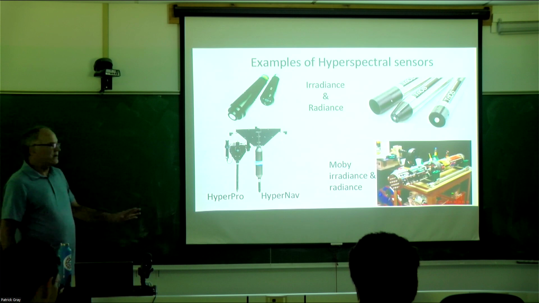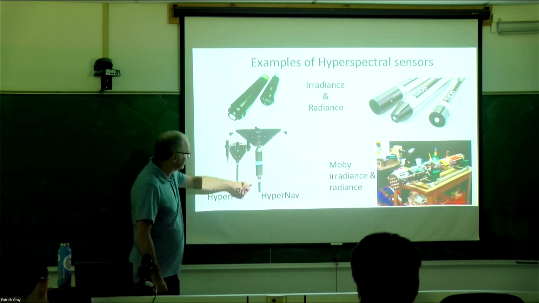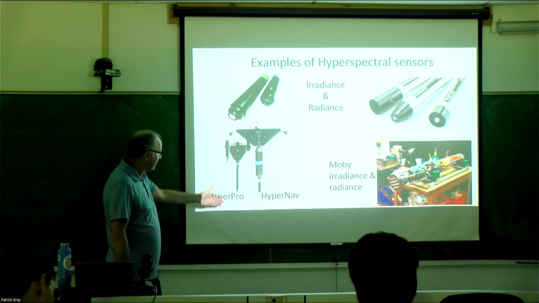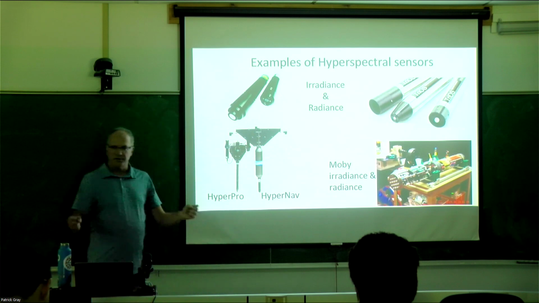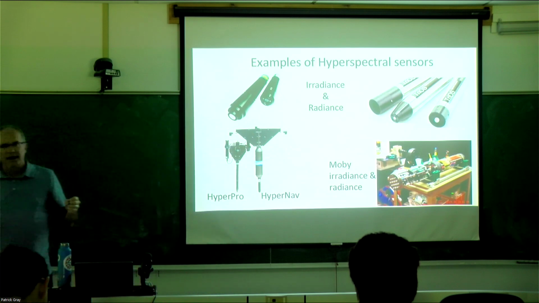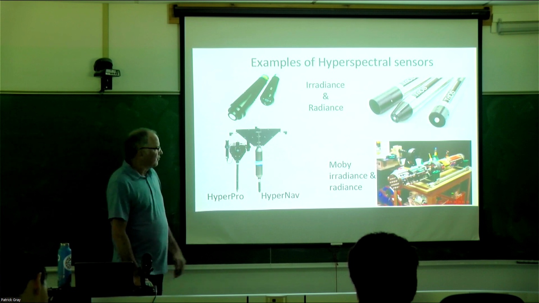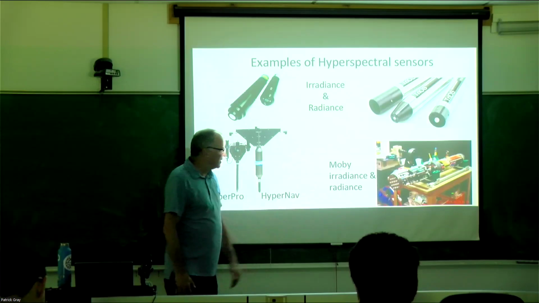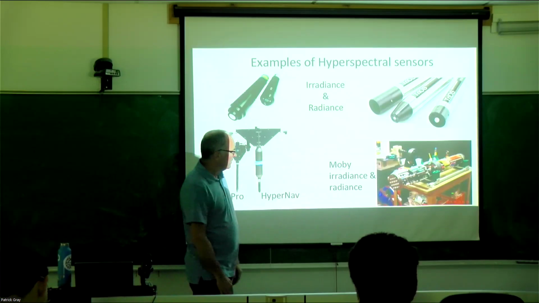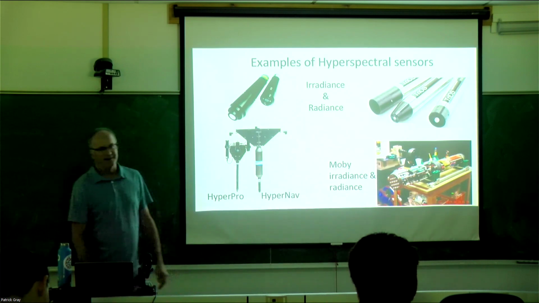So there are a lot of other ways optics can do this. Again, this is what I work on. This is the platform. It kind of looks like a HyperPro profiler, except in this case I've got dual spectrometers and dual radiance, upwelling radiance measurements on it. We'll get into more on Friday of what HyperNav does and what Mobi does, but Mobi's a pretty tricky system as well in terms of the way they set up the optics.